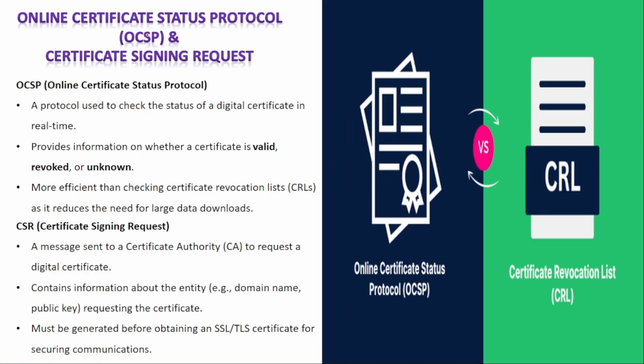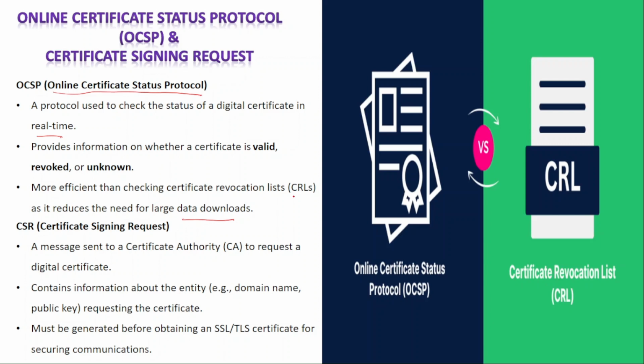So what is online certificate status protocol? That is OCSP, and certificate signing request. OCSP, or online certificate status protocol, is a protocol used to check the status of digital certificates in real time. It provides information on whether a certificate is valid, revoked, or unknown. It is more efficient than checking the certificate revocation list, and it reduces the need for large data download.